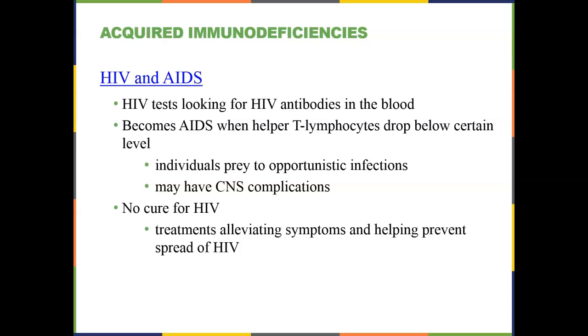There has been one individual that was cured of HIV, but they do not have a cure for HIV. So I want that to be very understandable. One person has been cured of the disease, but that does not mean that they have a cure for the disease.